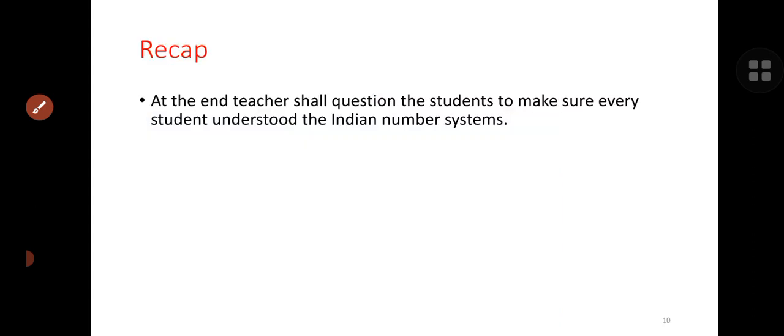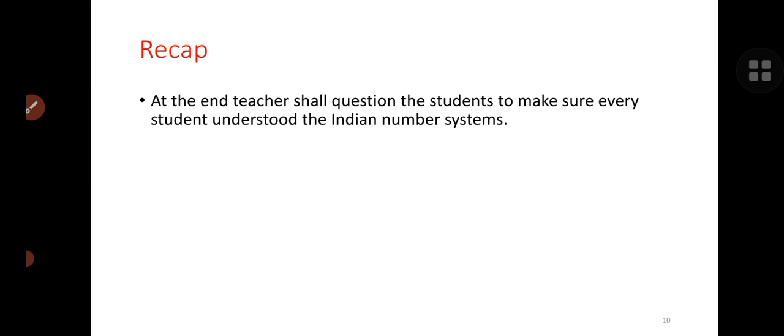Recap: at the end of the activity, the teacher shall question the students to make sure every student understood the Indian number systems.